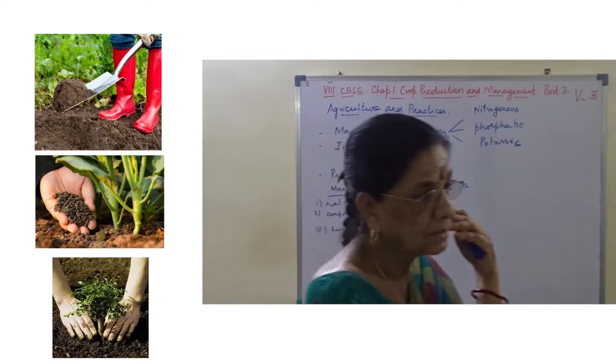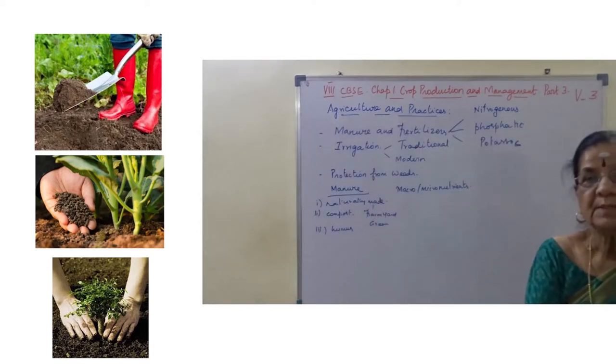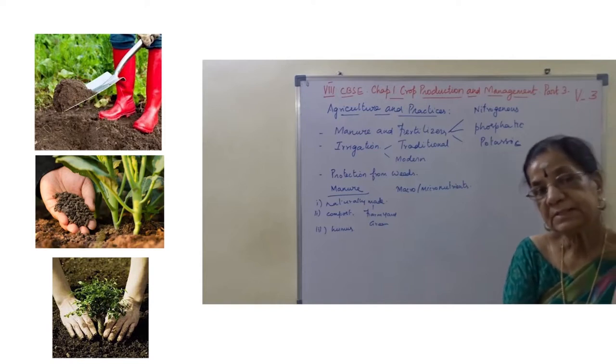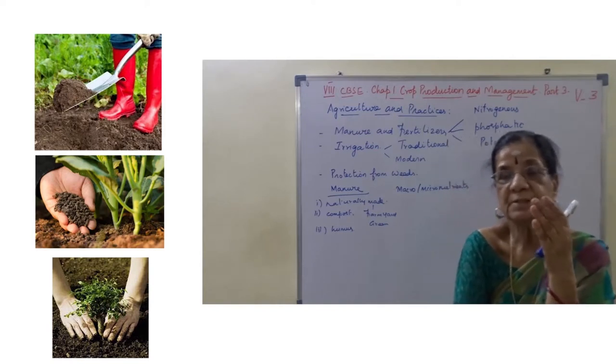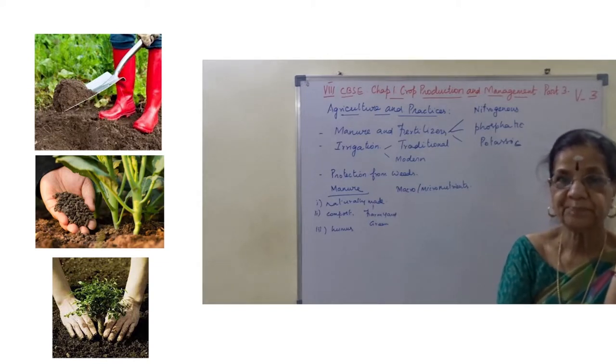Okay. Then these fertilizers, they are quick in action, but it is not permanent. Then and there, wherever the nutrients are required, they have to be supplied. Whereas manure is slow in action but permanent. Okay.